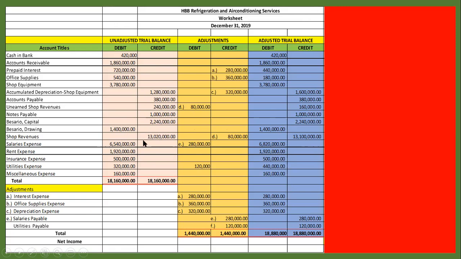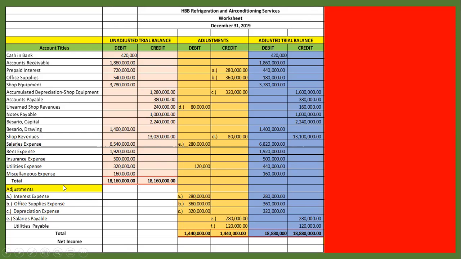Then your salaries expense also has the same debits, so you add, making it 6,820. And then your rent expense doesn't have any change, so just copy. Insurance is 500, no change, copy. Then your utilities expense, you have the same debit, so you add. It makes 440,000. Then miscellaneous, no change, just copy.